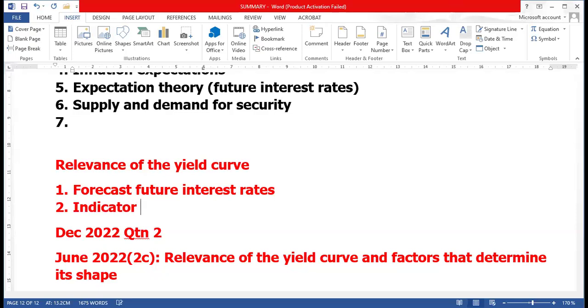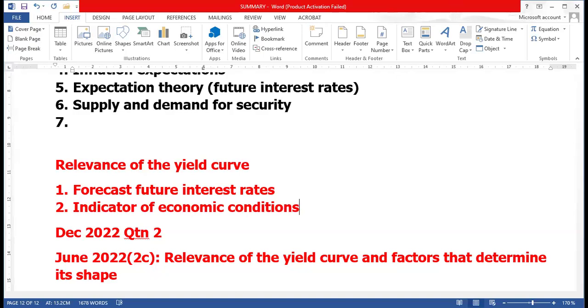It is an indicator of economic conditions as well. The yield curve is widely regarded as a reliable leading indicator of macroeconomic performance. Its shape provides insights into the stage of the economic cycle.